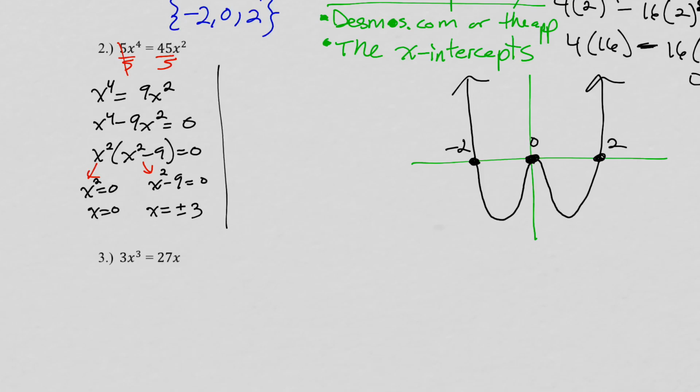Well, if you did it without dividing by 5, you're going to get the same thing. So if we just move the 45x squared over, that's fine. GCF this time is a 5x squared, leaving you with the same factor inside. Okay, so either way you do it, you still get x squared minus 9.